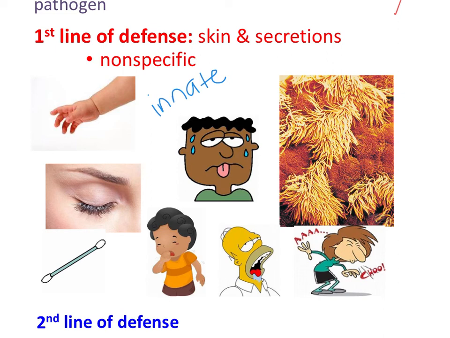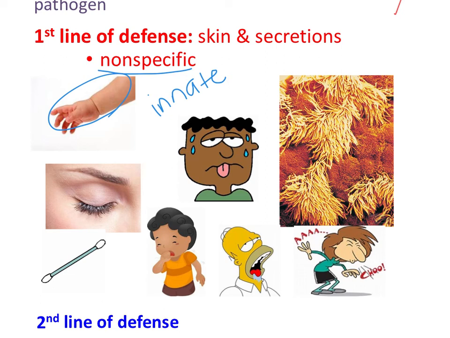This is non-specific. So whether I'm walking through your sneeze, my skin is going to keep out any and all of the pathogens, regardless of what is being carried in your little sneeze particles. So my skin acts as a barrier to keep anything out.